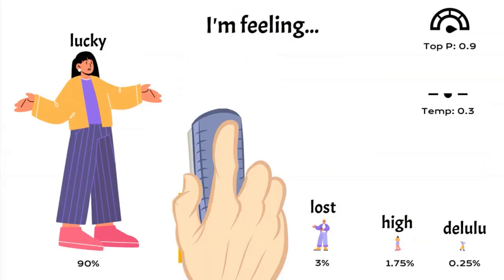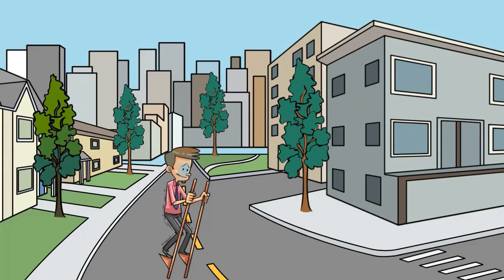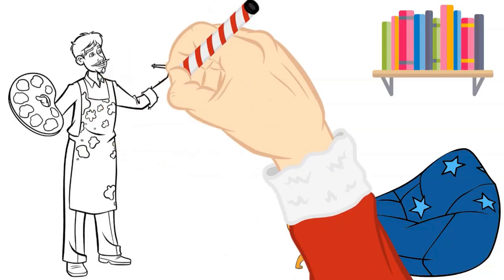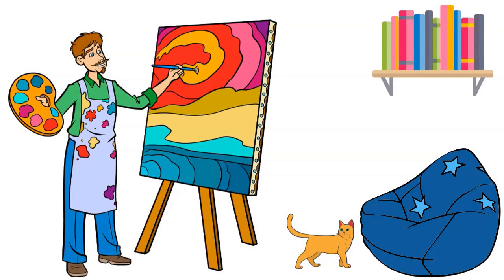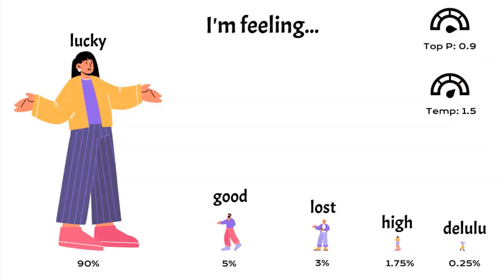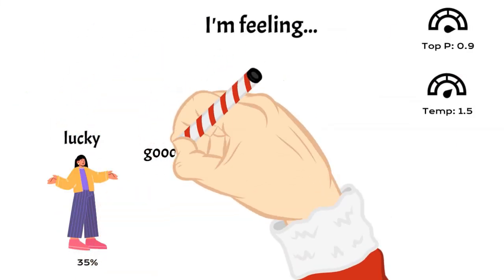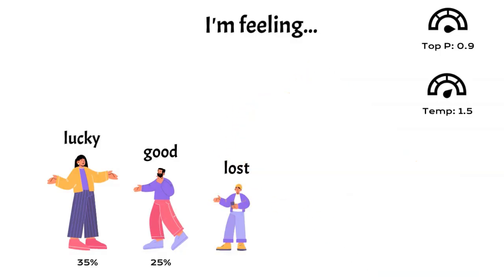High temperature means high risk. The model will consider low contrast, less obvious choices, which boosts creativity but also increases the chance of selecting something nonsensical. If we set temperature to 1.5 out of 2, we will effectively apply a flattening filter. The most probable word lucky will lose its dominance and all the other options become much more competitive.